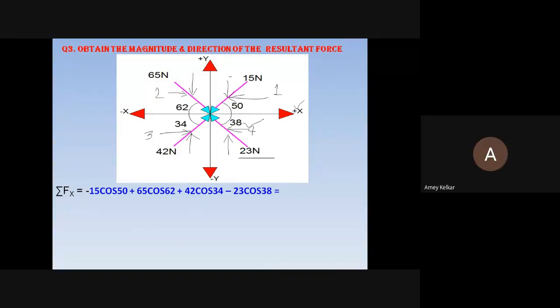Answer? -28.303, sir. Okay, fine, we'll check. Anyone else has solved? What answer you have got? 37.569. Okay, correct, 37.56. Please correct if you have got it wrong, and you will get it wrong by silly mistakes only.